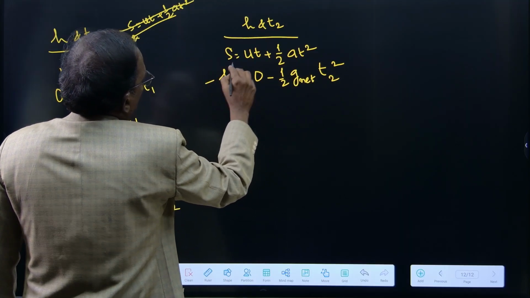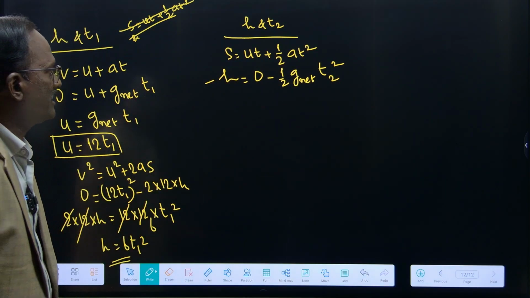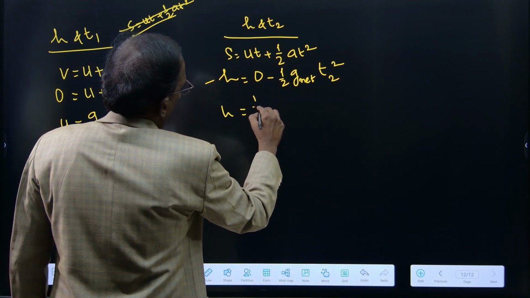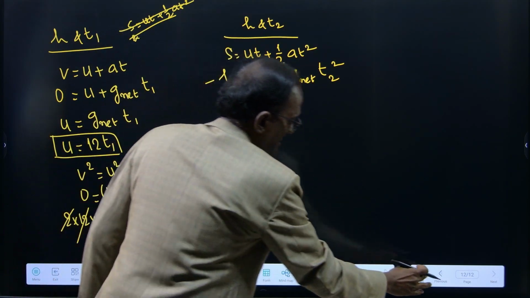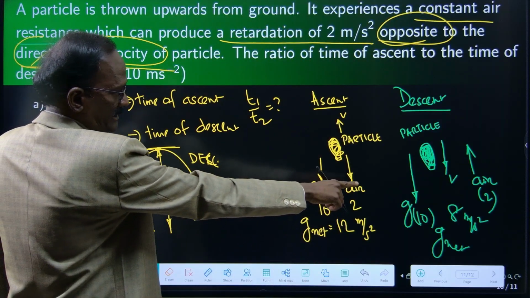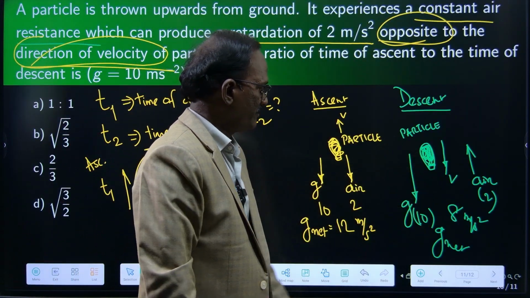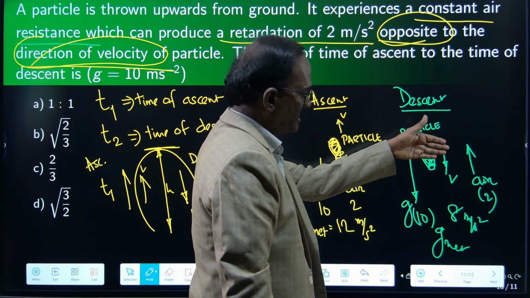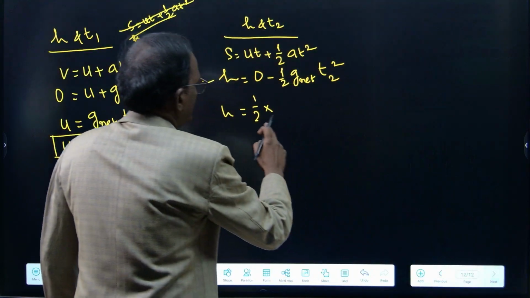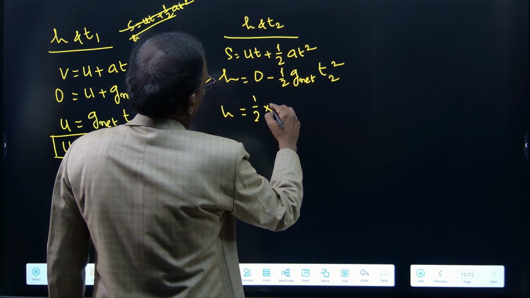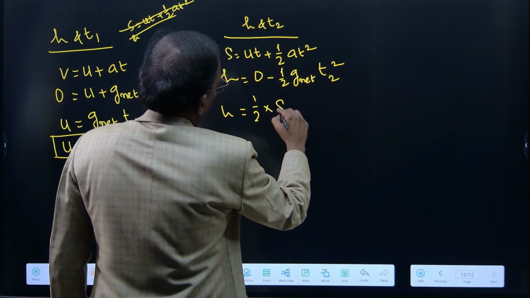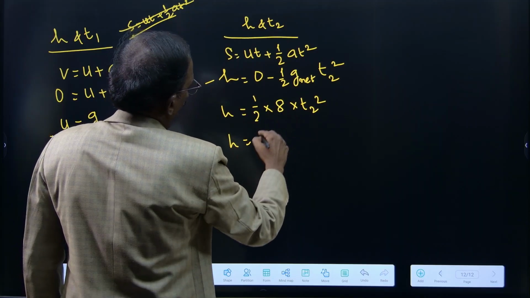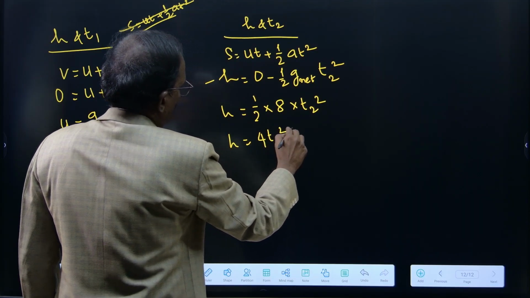S is minus H, since it is coming down. This minus and minus will get cancelled. So this is H. Half into G net is 8, once again having a minus value, right? G, 10, is acting downwards. 10 minus 2 is 8. So this is correct. Minus half into 8 into T2 square. So H is equal to 4 T2 square.